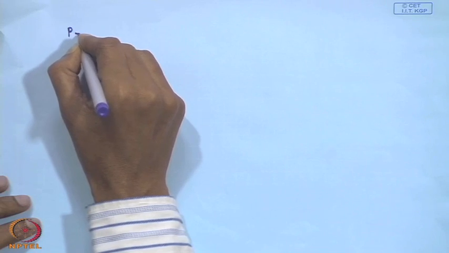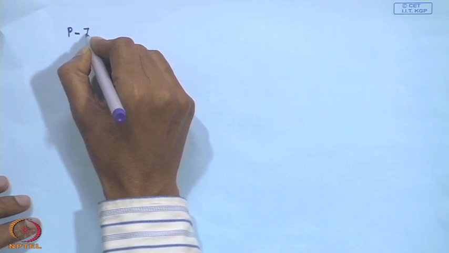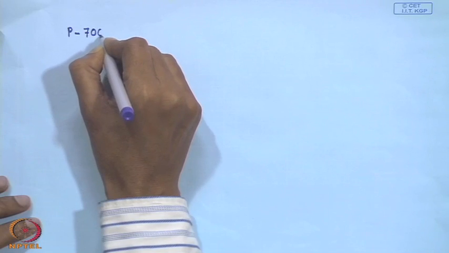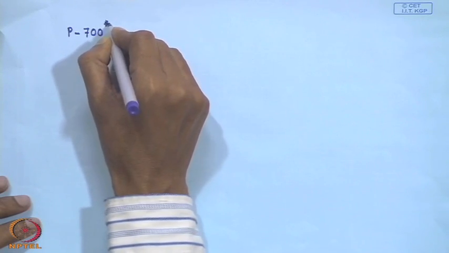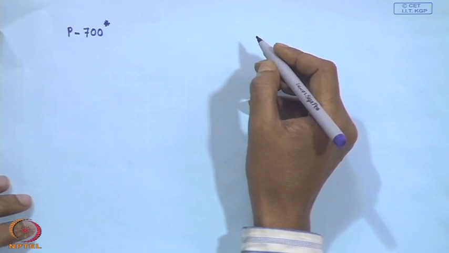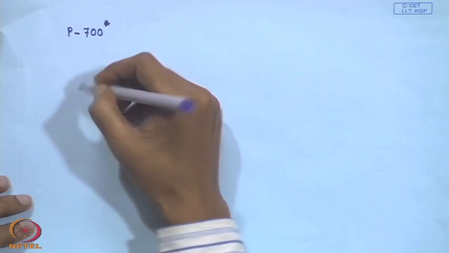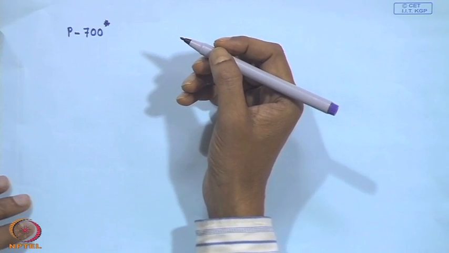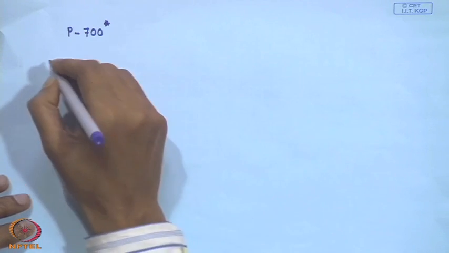So, we are discussing those electron transfers following photo excitation. If we had P700 starred, that means we have the excited species at photosystem 1.